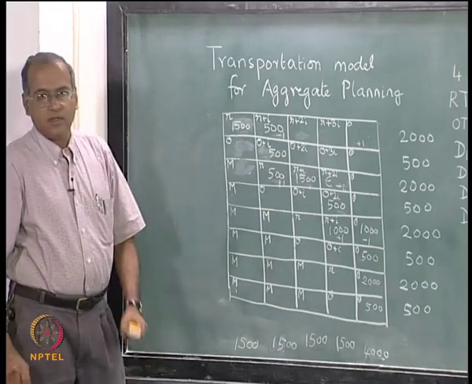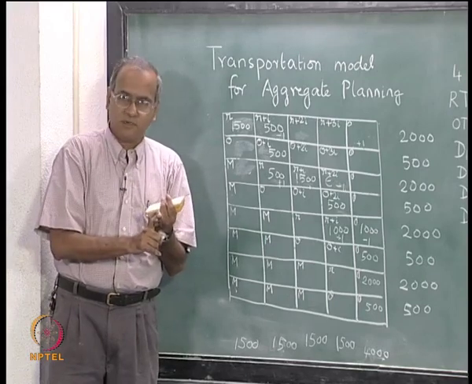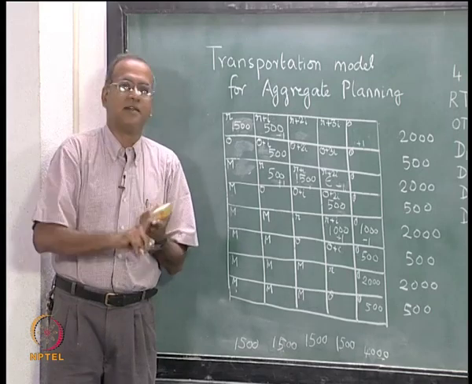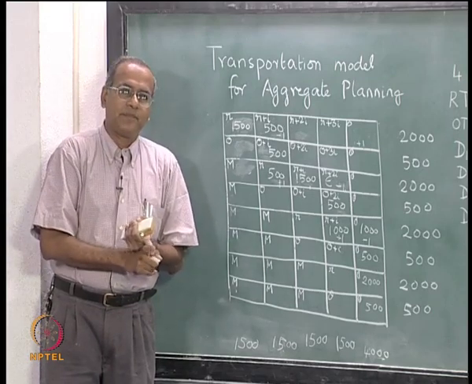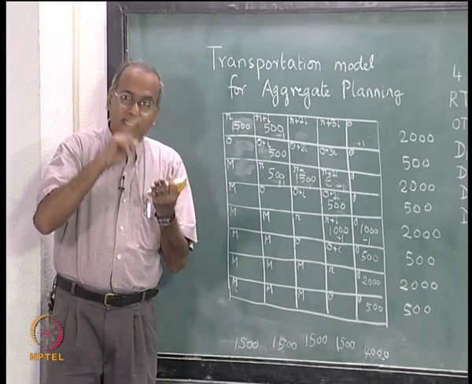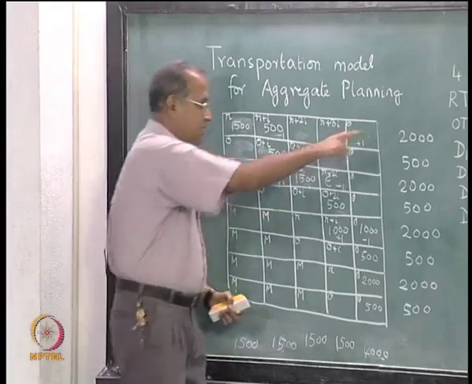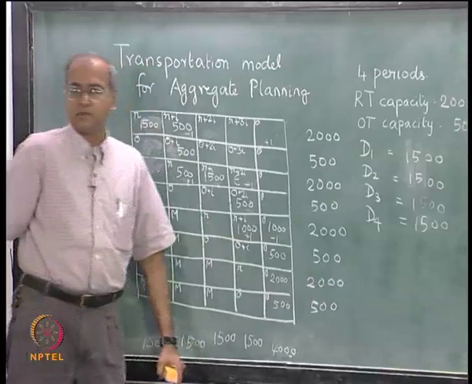We are considering only regular time production cost and overtime production cost. We are considering inventory cost, but not back ordering cost. So, we are considering only 3 costs: regular time, overtime and inventory. We right now do not have a beginning inventory, only capacities.